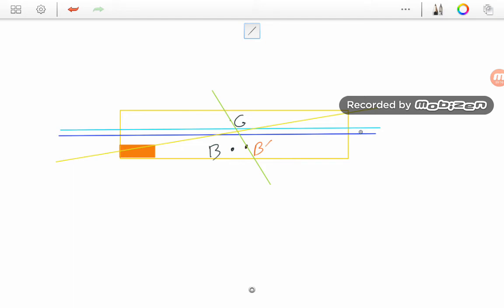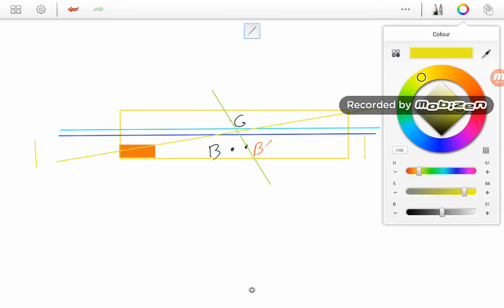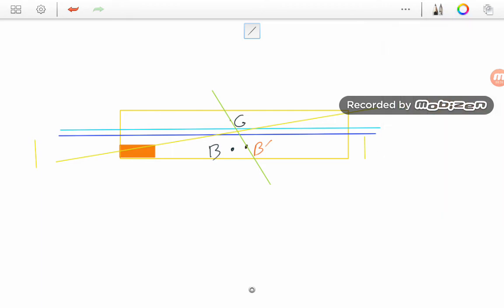How much was the draft in the forward? This is the forward draft and aft draft initially. After bilging, this will be our forward draft and this much will be the aft draft.